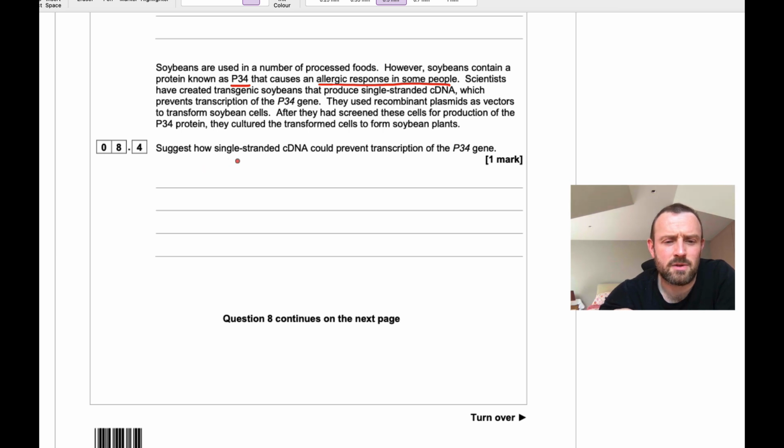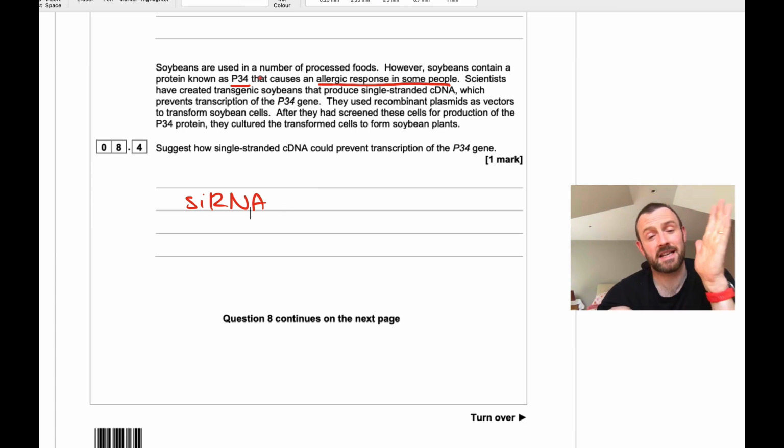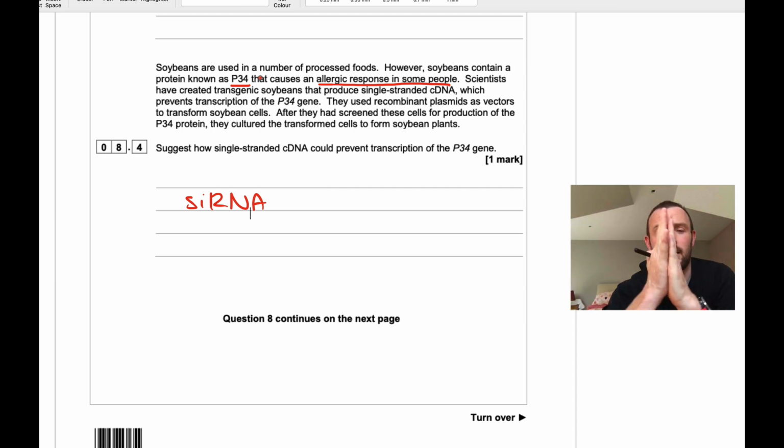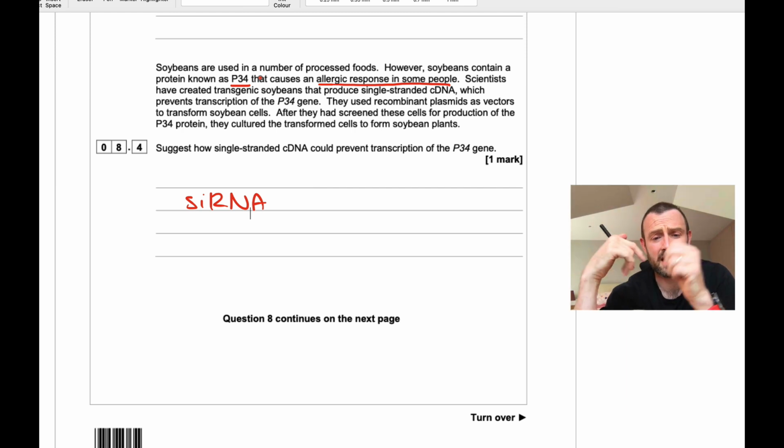So basically, the single-stranded cDNA probably produces a short, so it's siRNA basically, so a short interfering RNA molecule that has a sequence that is complementary to the messenger RNA for the P34 gene. So the siRNA and the mRNA come together, forming double-stranded RNA that is then degraded, preventing the translation of the P34 protein.